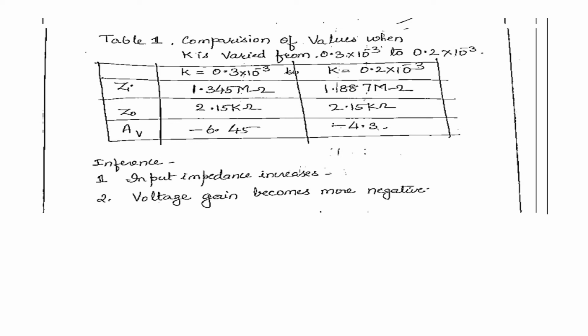Z0 remains the same, voltage gain has reduced. So the inference is that input impedance increases and voltage gain changes, and the device is pushed into the saturation region from the active region.